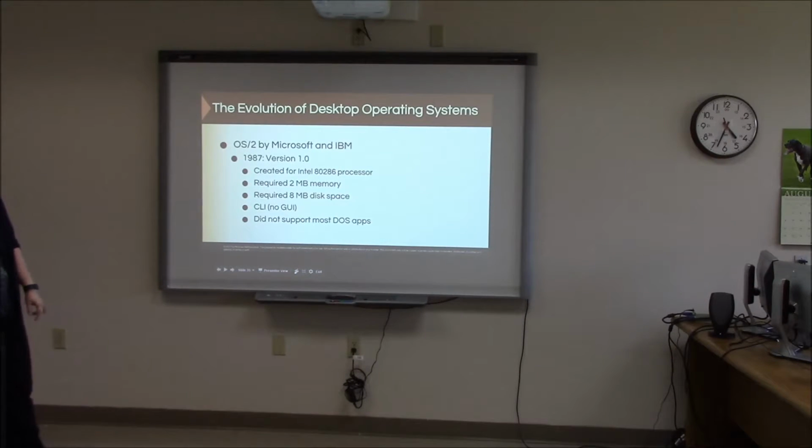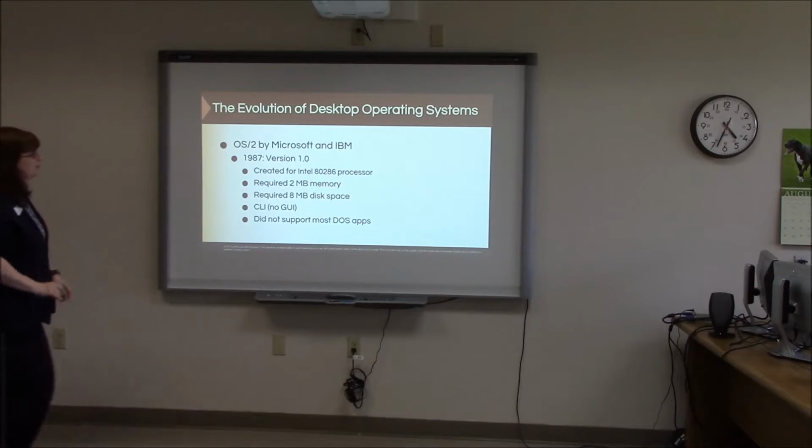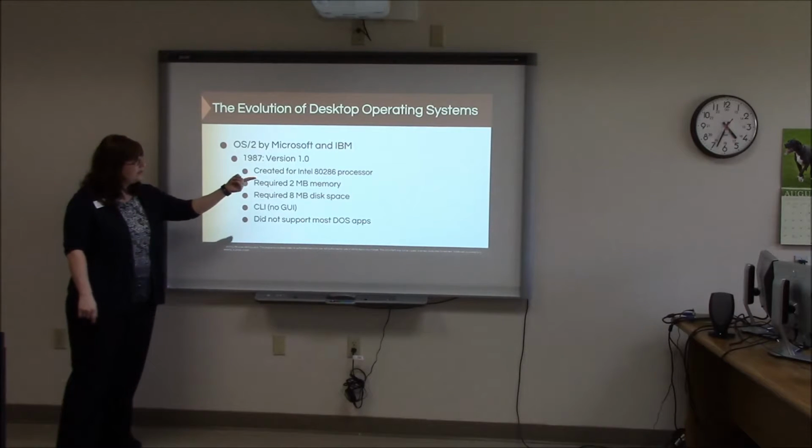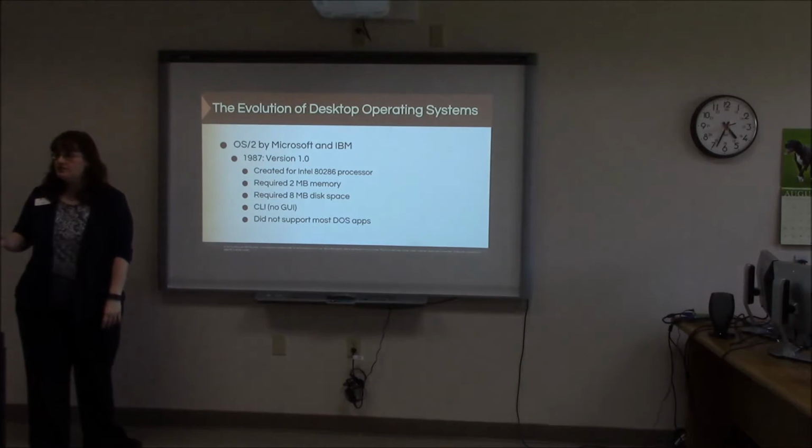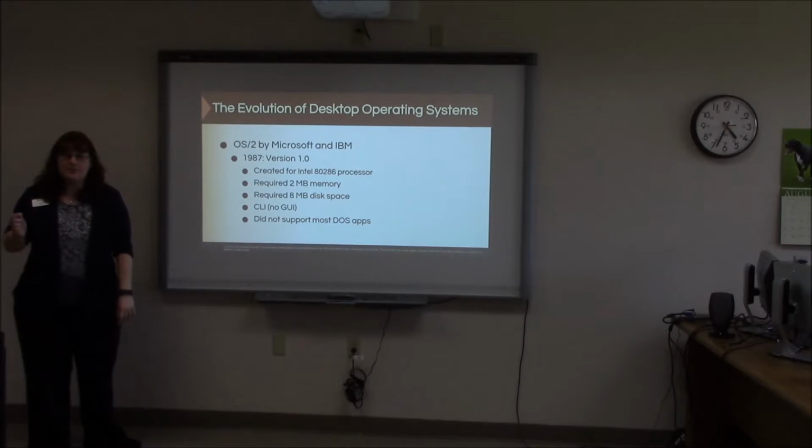OS/2 was made by Microsoft and IBM. I think we still have some copies of that floating around at college somewhere. In 1987, they had version 1.0. Now, you see it says created for the Intel 80286 processor. Think about that for a second. They made an operating system for a specific processor. How do you think that would fly today?